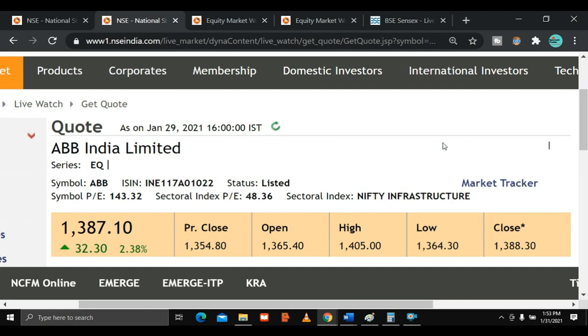Okay, if you know what I'm coming to say here, not all stocks are tradable in the derivative market. You have to remember that. Nearly 5 to 6,000 stocks are there in NSE, and not all of them are tradable in the derivative market.